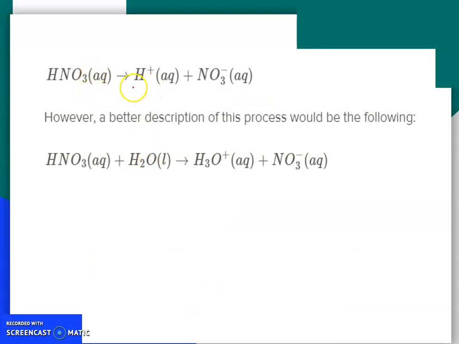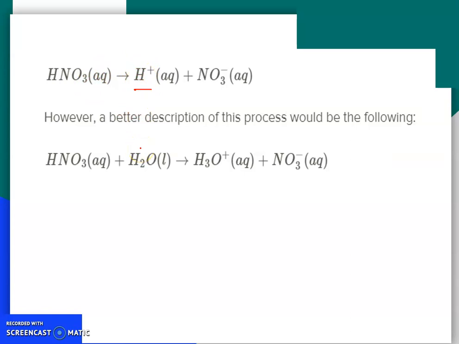So one little thing that I want to point out here is that sometimes we use shorthand. That goes back to that first definition of acids, where it's something that releases a proton. So in biology, this is probably what we would say: nitric acid, put it in water, it's going to release protons and nitrate ions. Chemists, however, really want to know what the exact reaction is. And this is happening in water, so it's not happening really on its own.